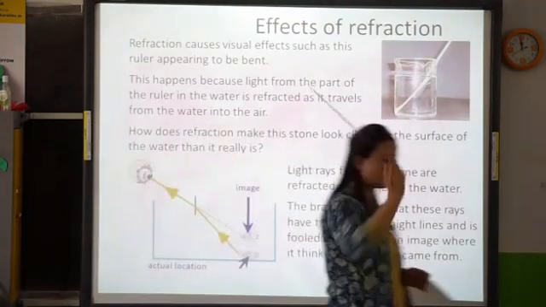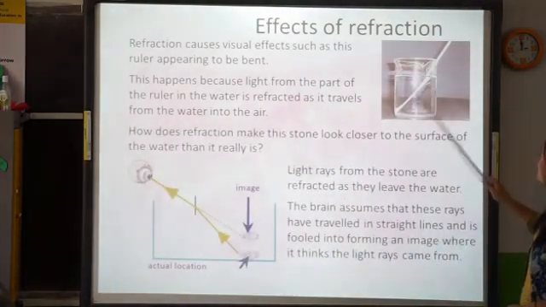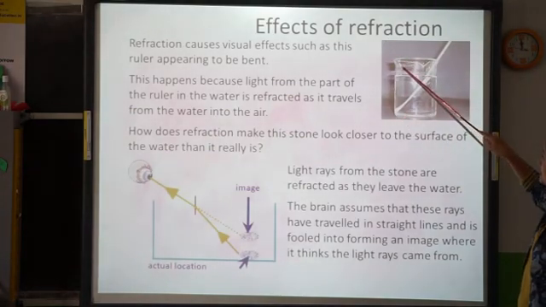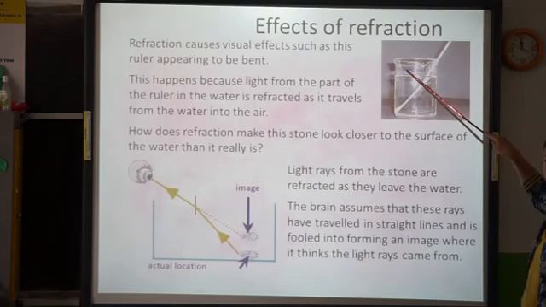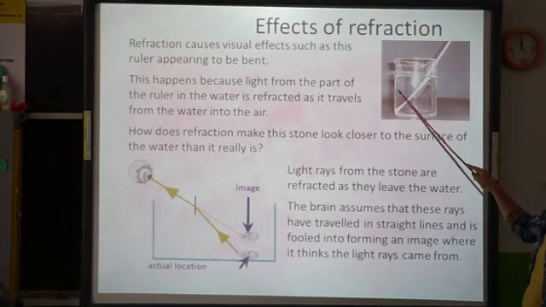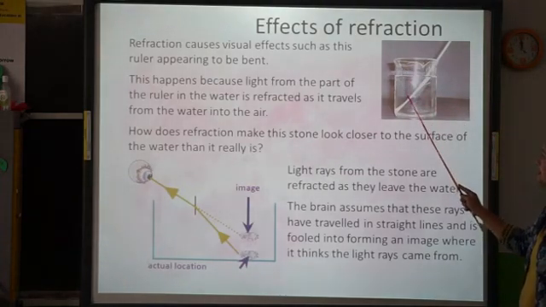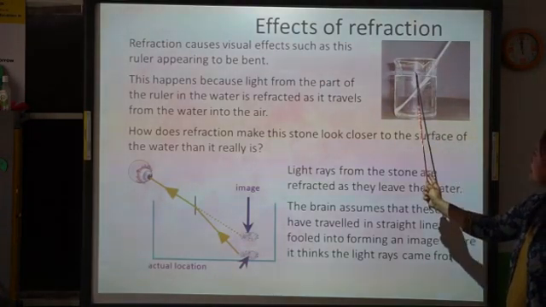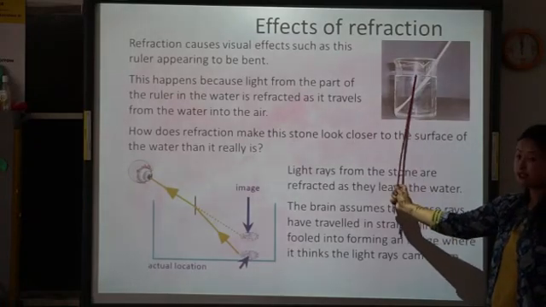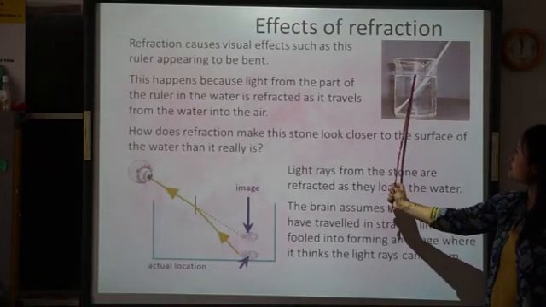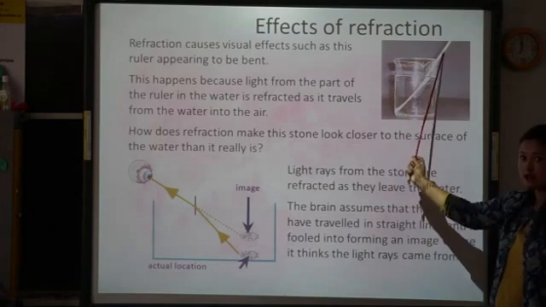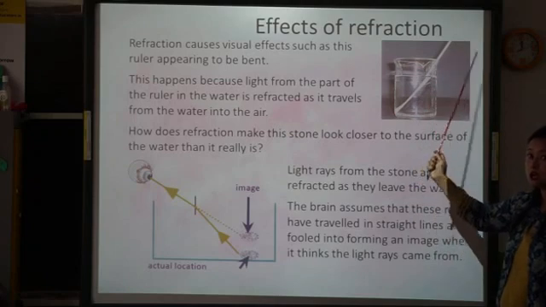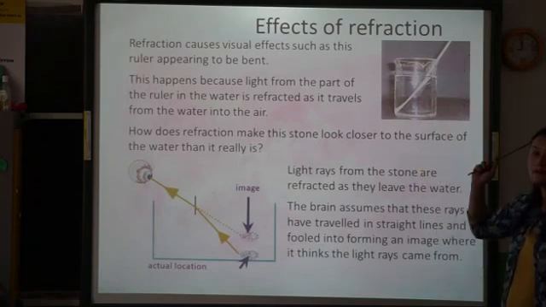Now see, this is your ruler. Now what happens is, when a ray of light comes from a source and passes from this medium, air, to water, it bends. As it bends and hits the ruler, it reflects back. Now when it's going back, it is passing from water to air, which means the ray is passing from a denser to a rarer medium.